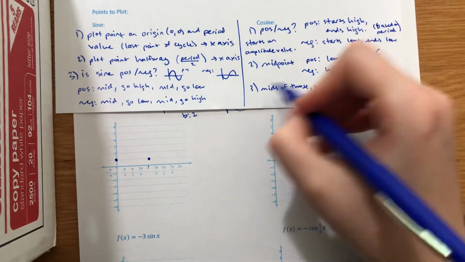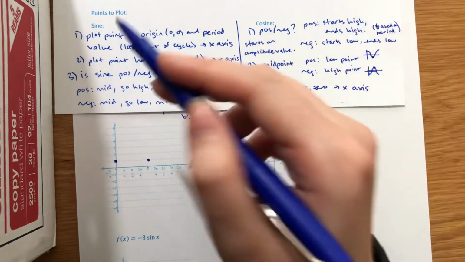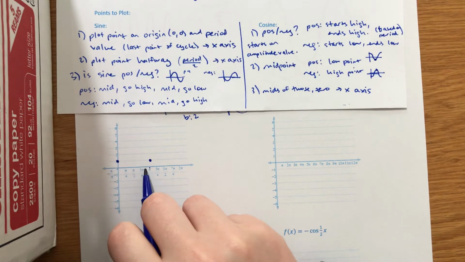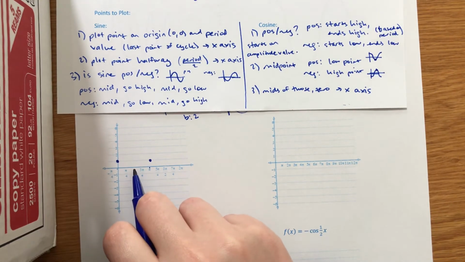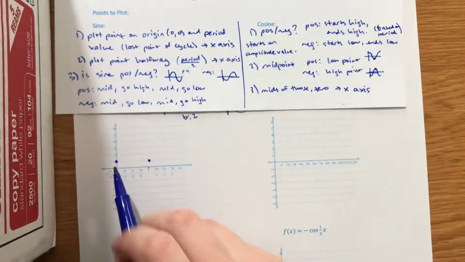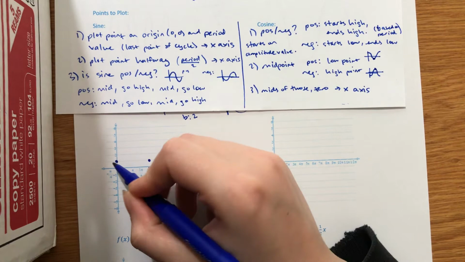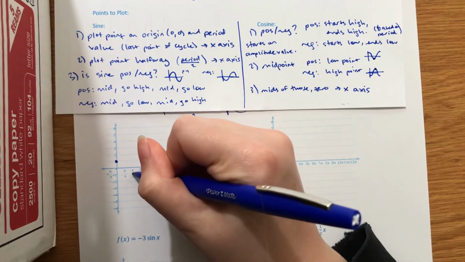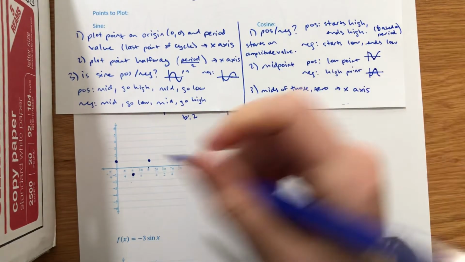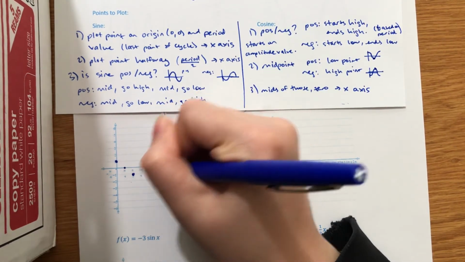So then your next point is your midpoint, and it's positive, so it's going to be our lowest point. Halfway between 0 and pi is pi over 2. And like I said, you'll have the graph, so you can just visualize as well. Halfway between 0 and pi is pi over 2, and it's going to be our low point. So our amplitude's 1. That means if our high point is 1, our low point is -1. And then the midpoints in between those, halfway between 0 and pi over 2 is pi over 4.